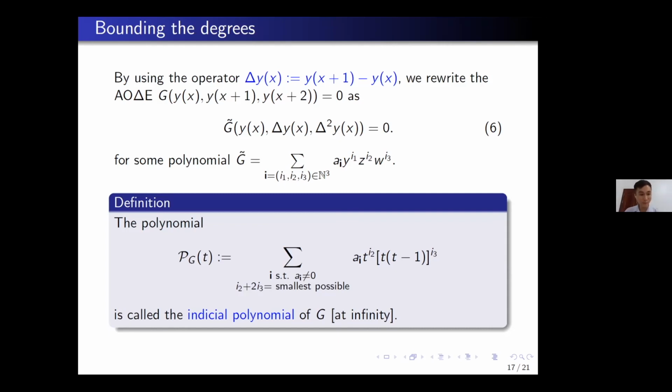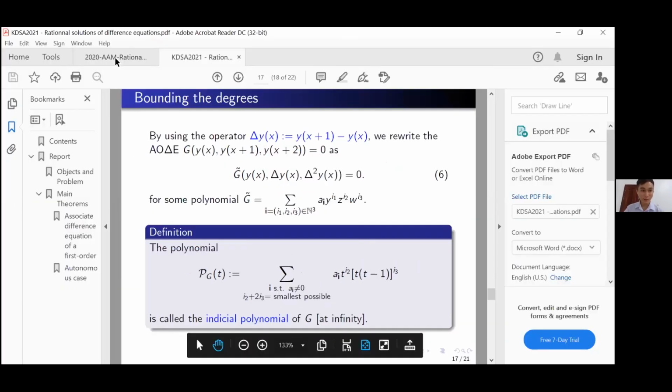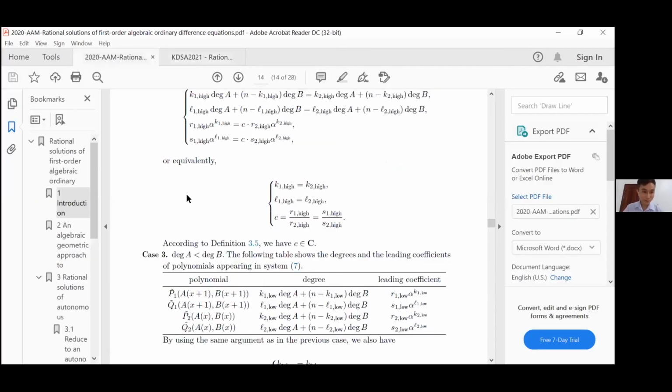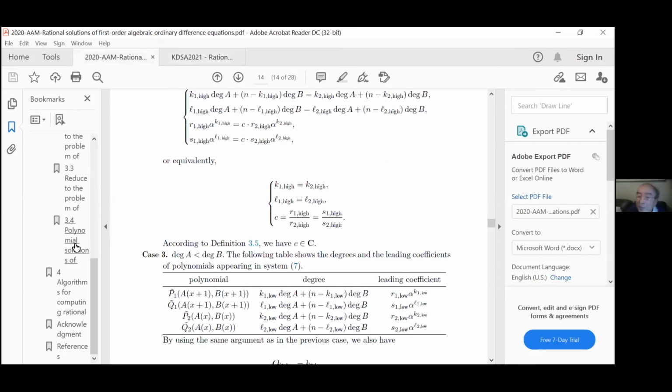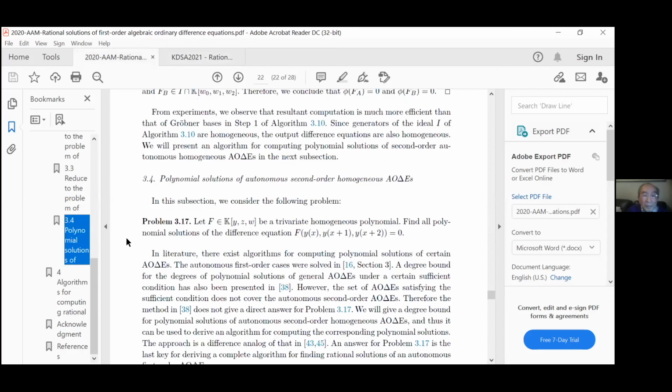Maybe let me open the paper in the right place. I have the paper here. Do you see the paper? Yeah. Polynomial solution of autonomous second order homogeneous LDE. We are in the right subsection. In this subsection, we consider the following problem: let the right side be a trivial homogeneous polynomial for monomial solution.